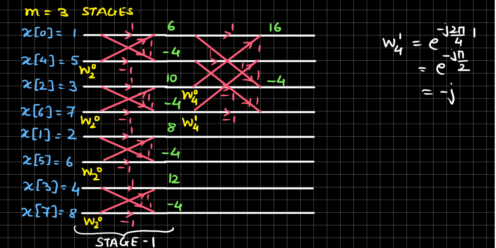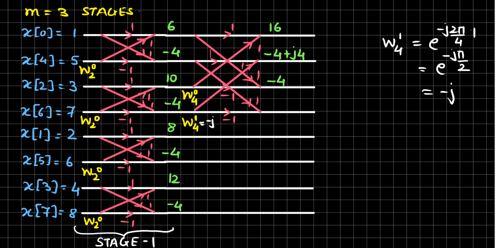So this W4 to the power 1 is basically equal to minus j here, and therefore what we obtain at this point is minus 4 plus minus 4 into minus j, so it comes out to be minus 4 plus j4. So the point that we have here is minus 4 plus j times 4.